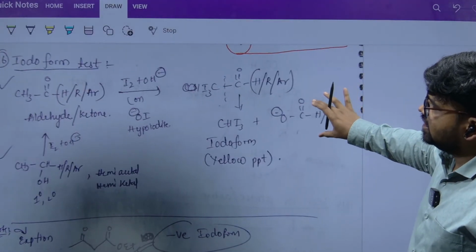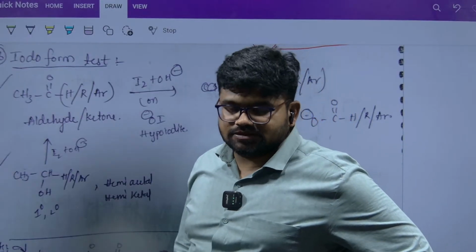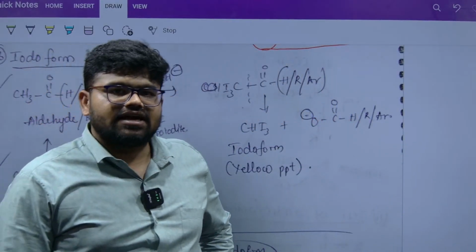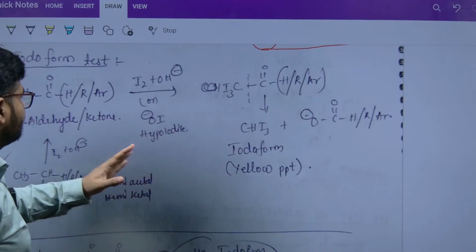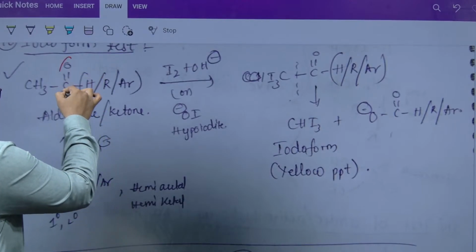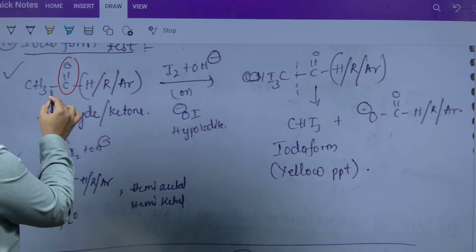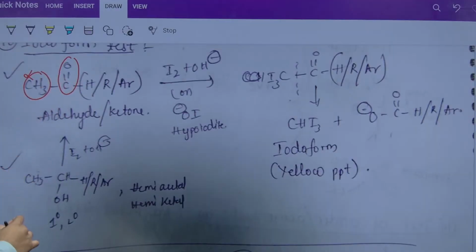And the last one, the iodoform test. The mechanism, again, I will be explaining for you. But currently, remember that iodoform test can be given by those particular aldehydes or ketones whose alpha carbon should consist of three hydrogens.